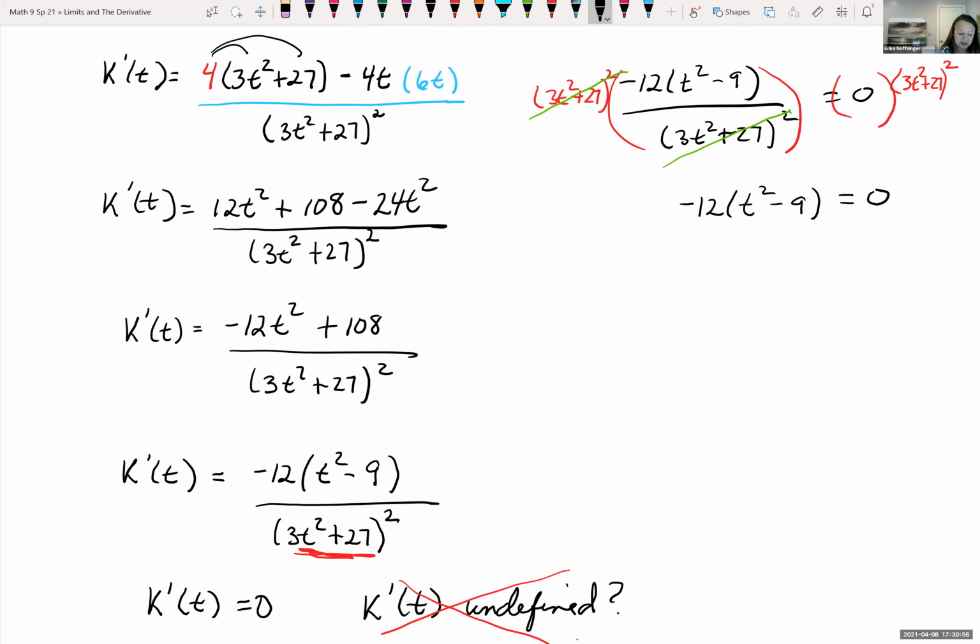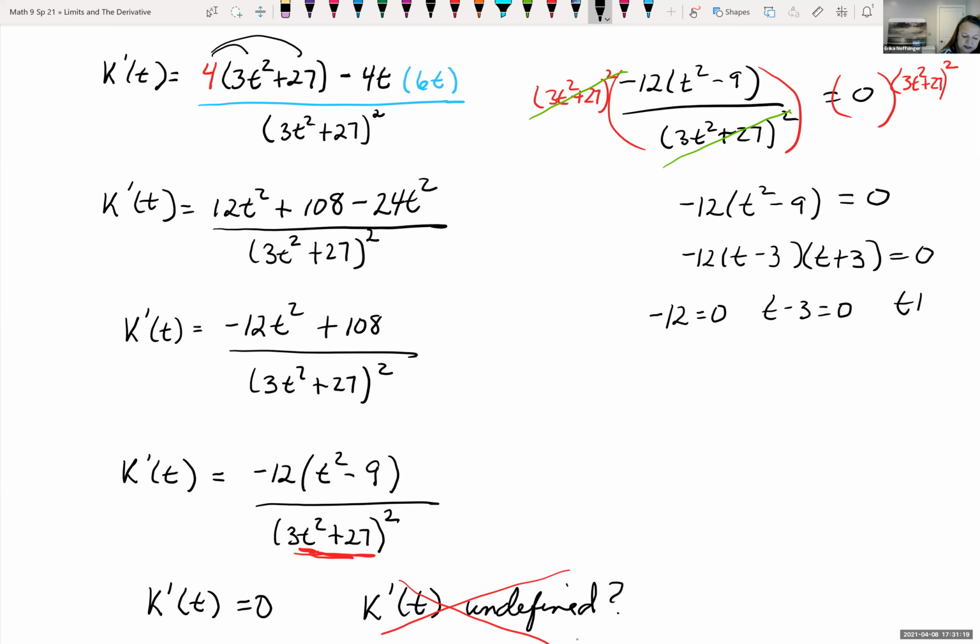So that actually factors a little further. That's a difference of squares. So t squared minus 9 is the same thing, and that factors as t minus 3, t plus 3, equal to 0. So we want to know, when is negative 12 equal to 0? When is t minus 3 equal to 0?